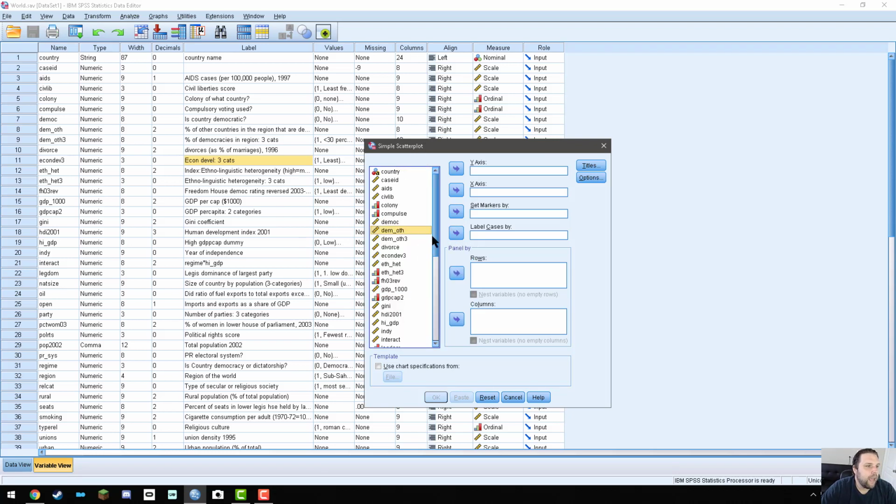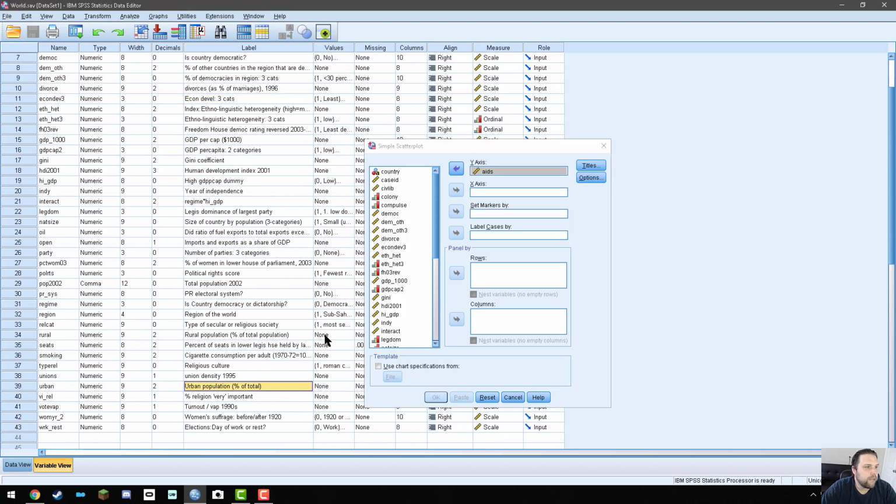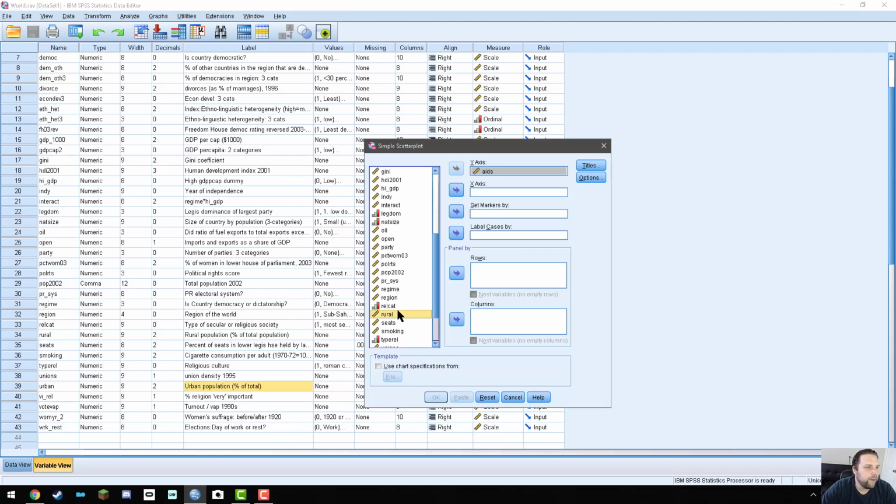So let's go ahead and look at, let's see, how about AIDS cases. Let's see if that is affected by, how about percentage of the population that lives in a rural area.